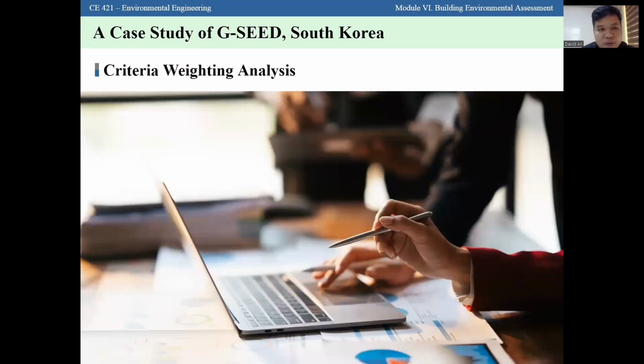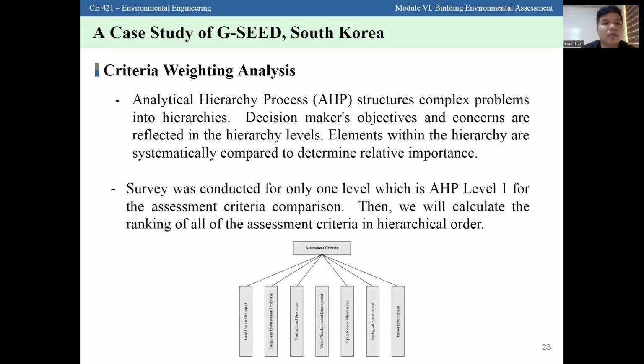Now let's move to the criteria weighting analysis, which is the last part of my presentation. In this case, we use the AHP, the analytical hierarchy process. It's a type of decision tool that we already took from the last semester, and here is its application.